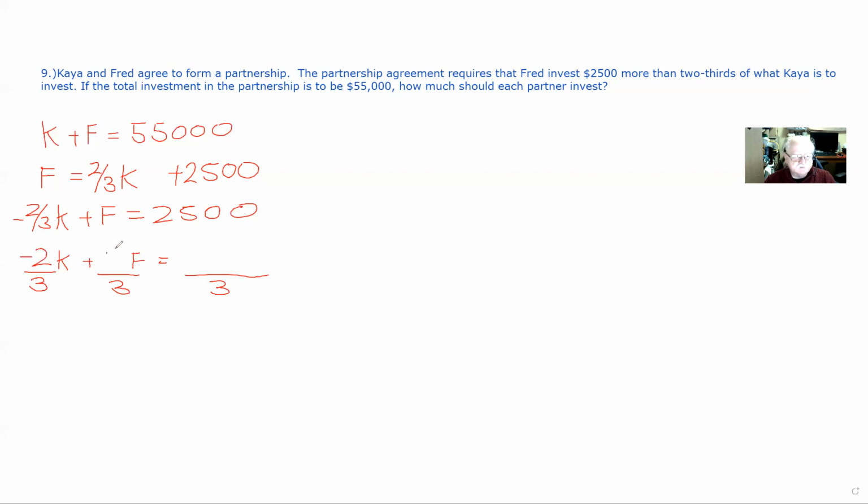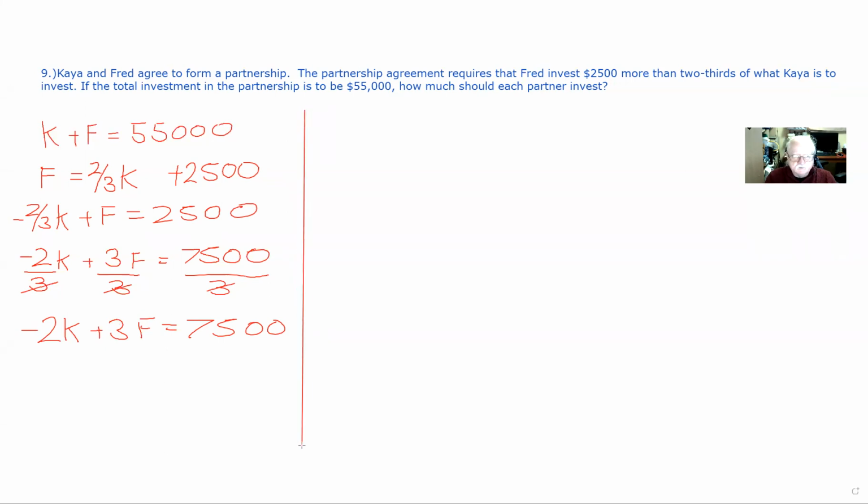Here, this is going to have to be 3F, and 3 times 2,500 is 7,500. And now the whole point is we don't need the denominator. We just have -2K plus 3F equals 7,500.